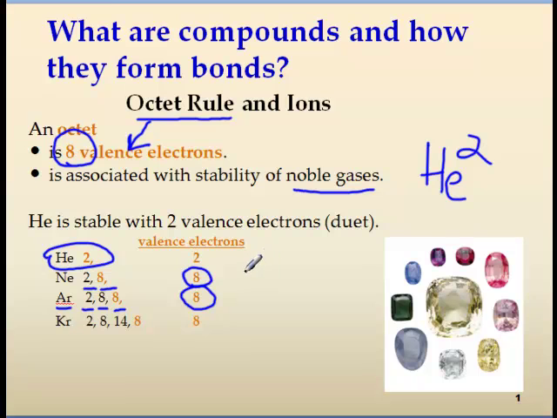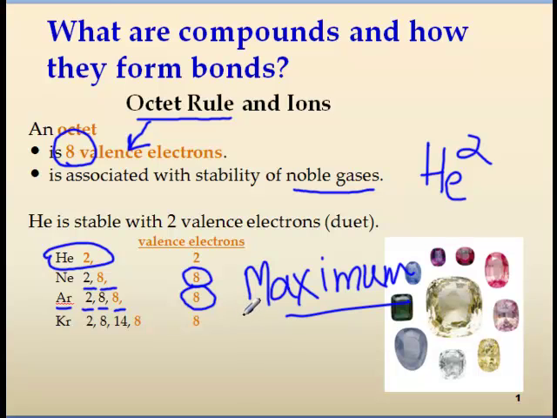So 8 is pretty much the maximum number of electrons that an orbit or a shell can hold. Now, once you've understood this, when you go to chemistry at the next level, you will go into a little bit more depth about this, and you will understand the concept of orbitals much better.